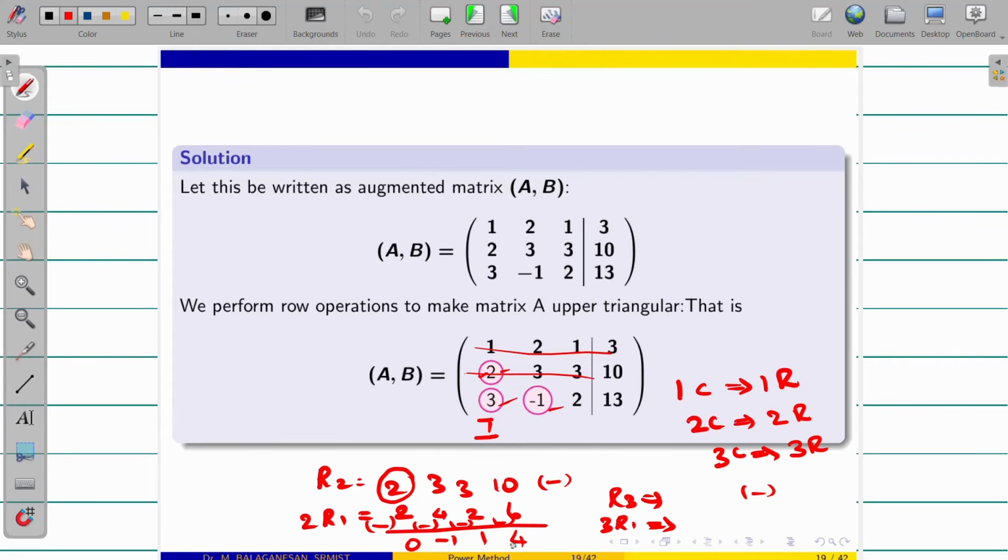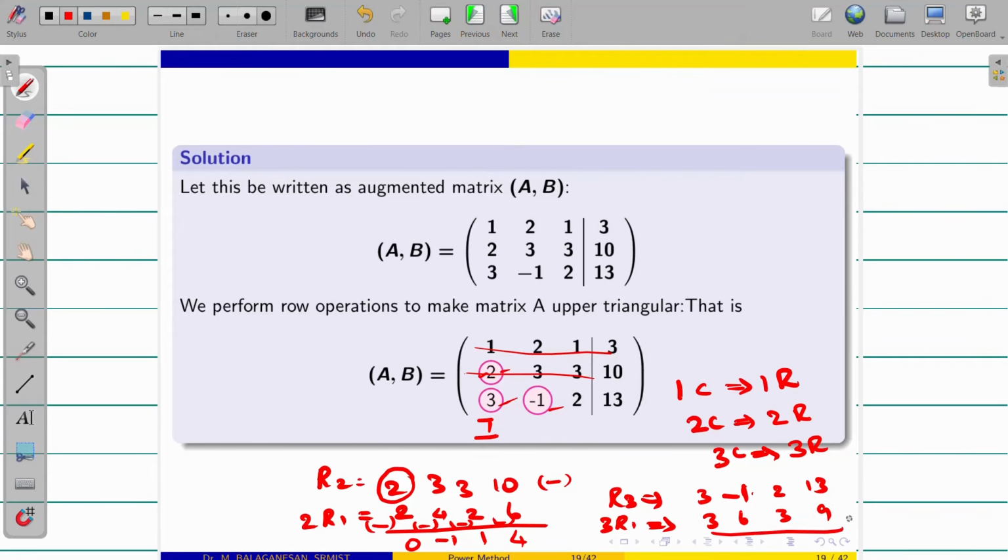Look at that, 0, -1, 1, 4. What about the R3 value? 3, -1, 2, 13. So 3 into R1 will be 3, 6, 3, 9.